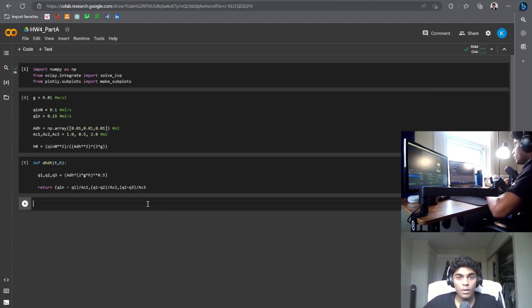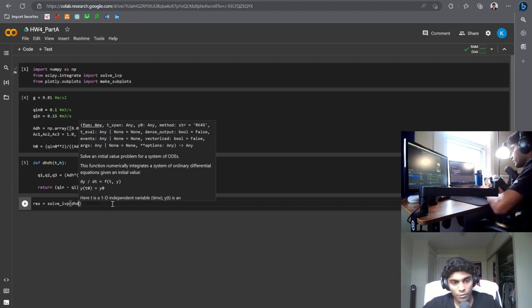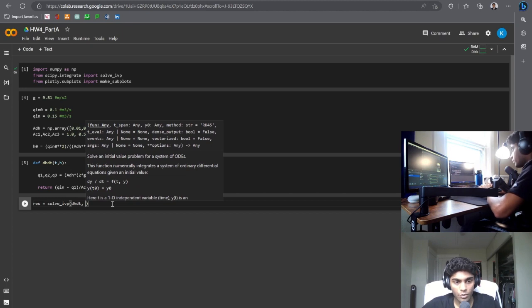Now, the way that solve IVP works is we need to have a function, a time span, a y value, choose our method, and for this one we're also going to have our dense output, and we're going to activate that to true. So first things first, our function is dHdt, right?